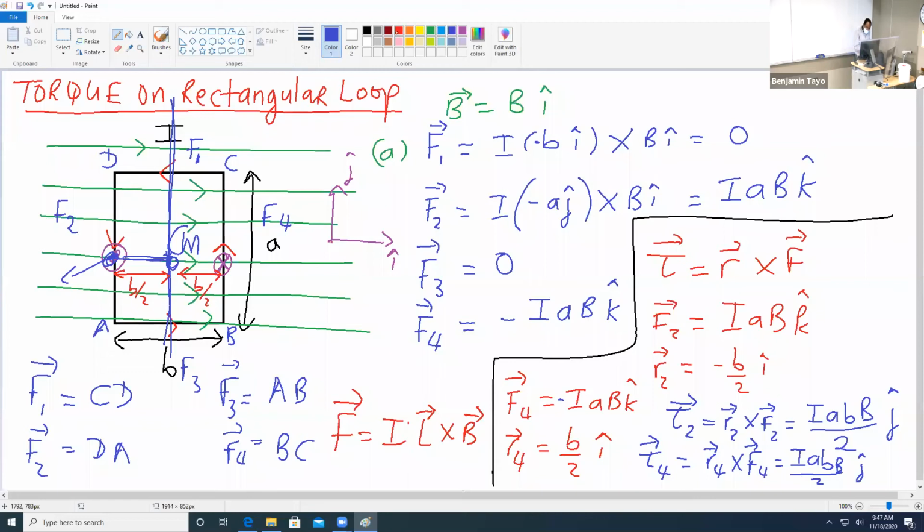And so finally, if you sum all of that, just to wrap up everything here, the total torque, which is T2, torque number 2, plus the contribution from T4, if you add all of that together, it gives you IAB, and then, running out of space here, J hat.